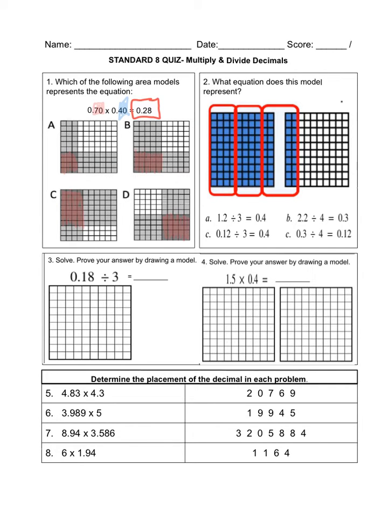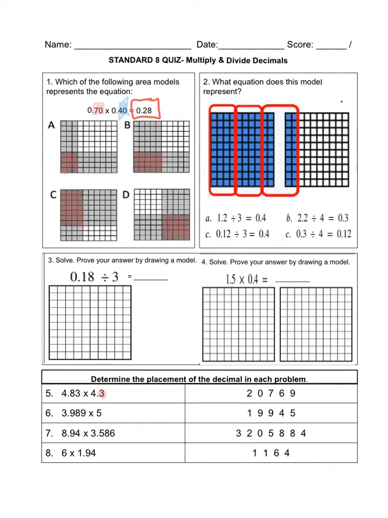For questions 5, 6, 7, and 8, notice that you don't have to do the calculations involved here. They have already done the multiplication for you. So like for number 5, 4 and 83 hundredths times 4 and 3 tenths, they're telling you that this is the product. You do not need to solve this equation. What you do have to do is correctly put the decimal point in where it needs to be.